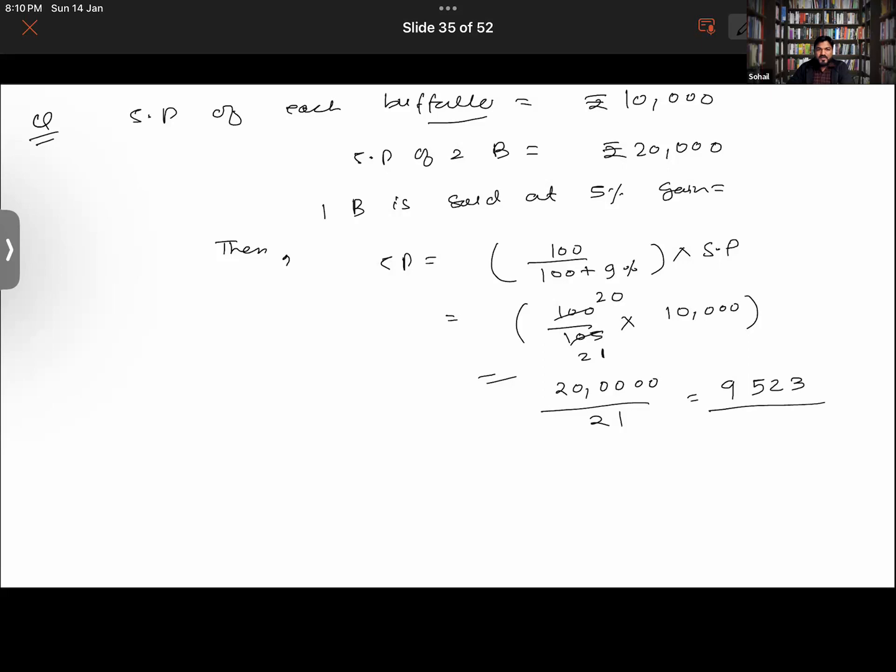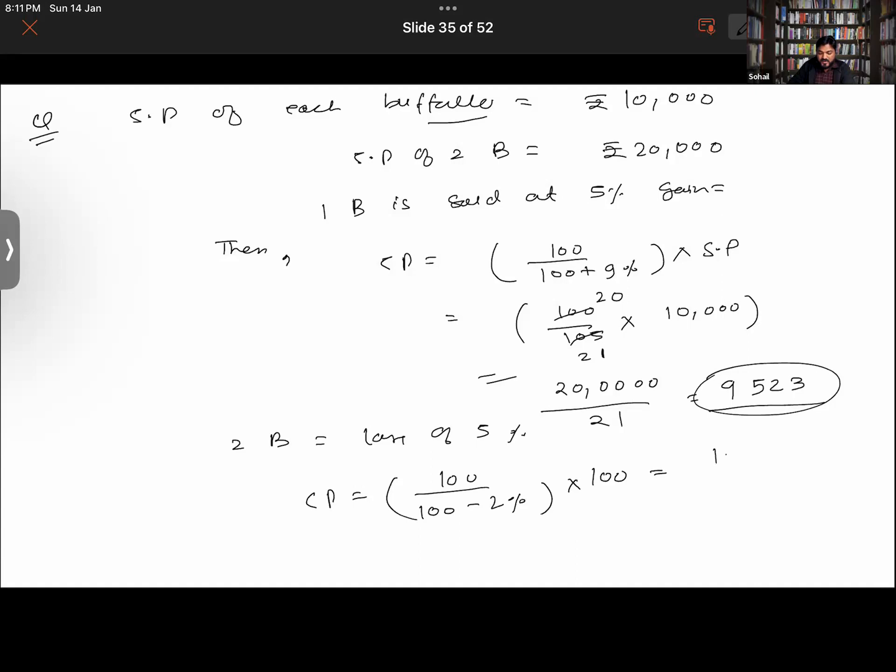Now let's talk about the second buffalo. The cost price for the first buffalo was this. For the second buffalo, what is happening here? There is a loss. So thereby the cost price will be 100 upon 100 minus loss percent, multiplied by the selling price. How much is the loss? In the question it was 10%.